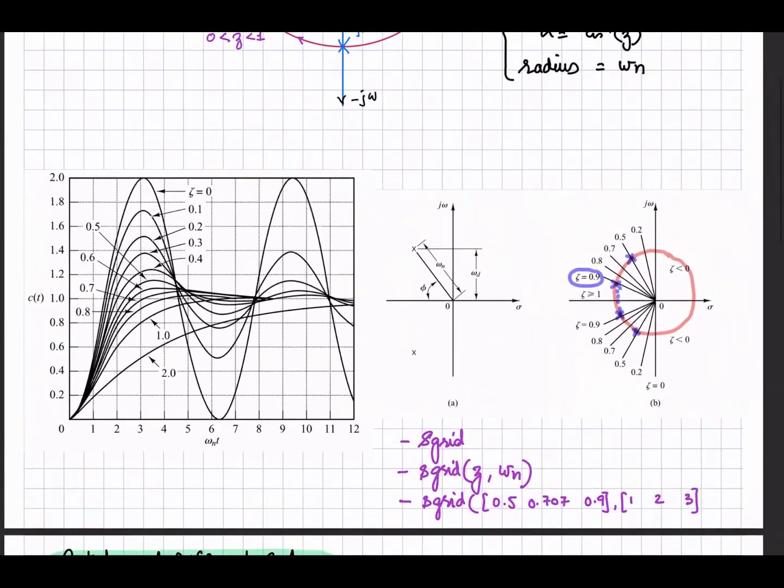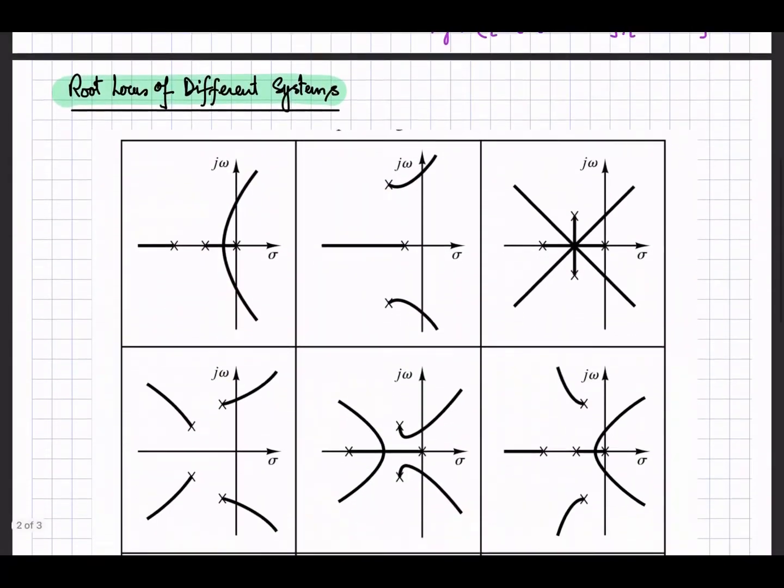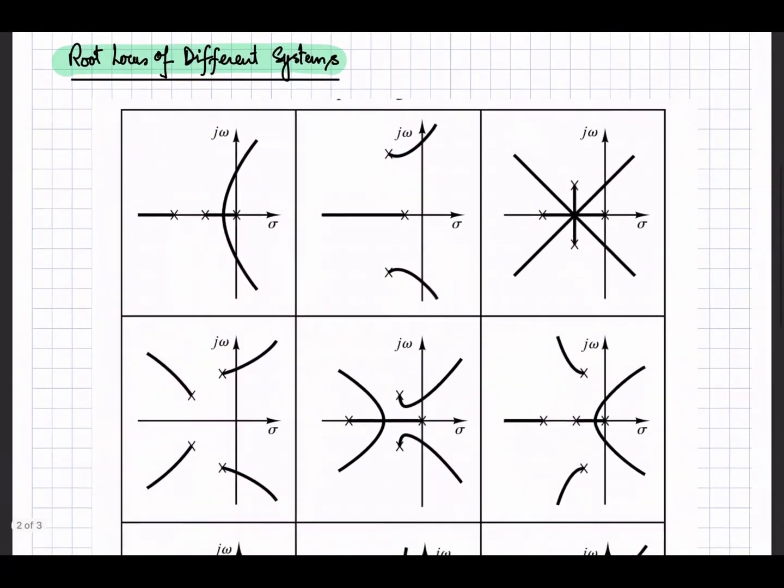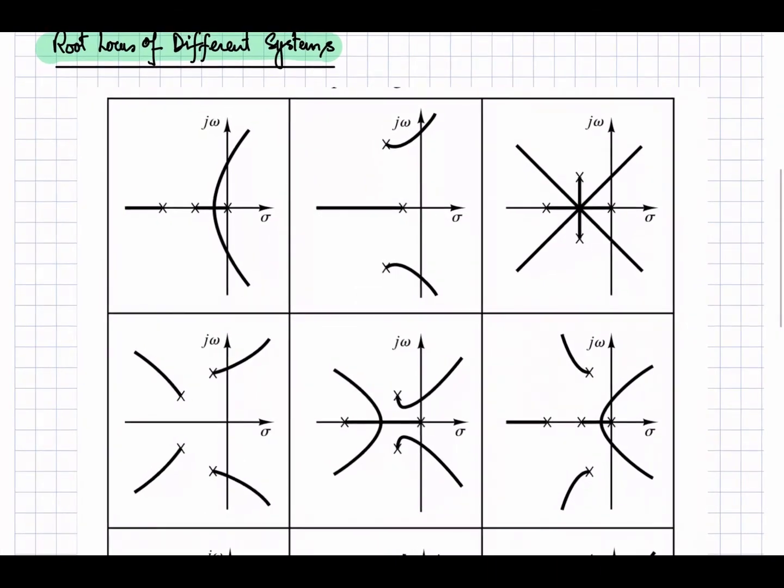Okay, now let's see. We have discussed the root locus of examples in the previous videos in detail. So now, looking at the position of the poles, you can guess the root locus using the rules which we have already discussed in our previous video.